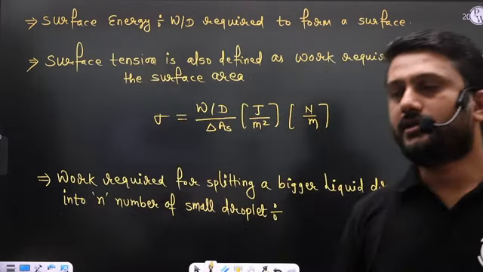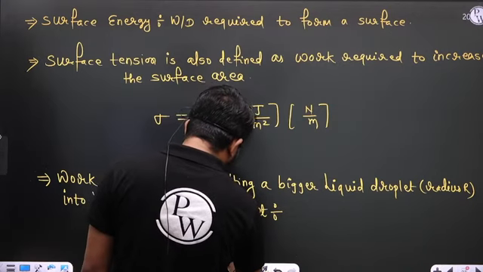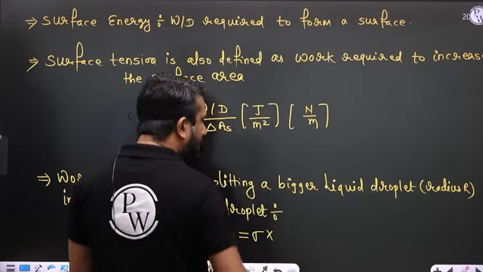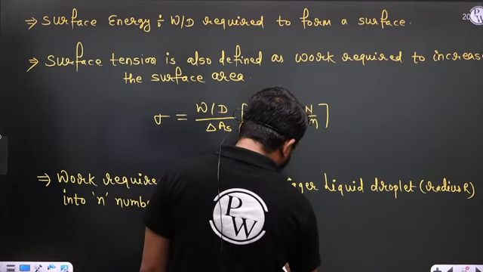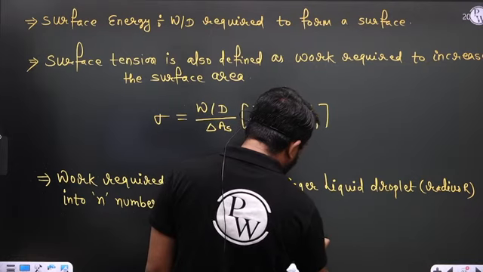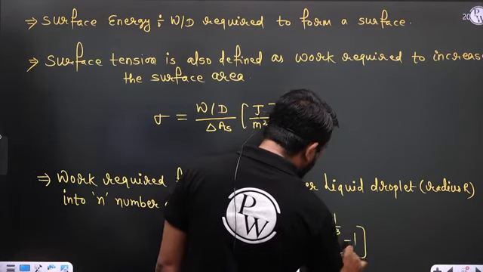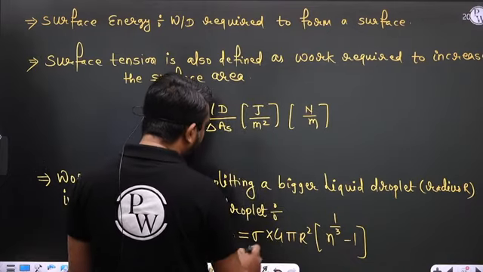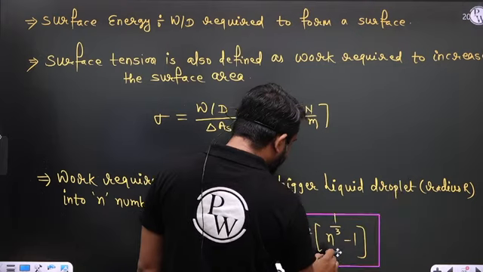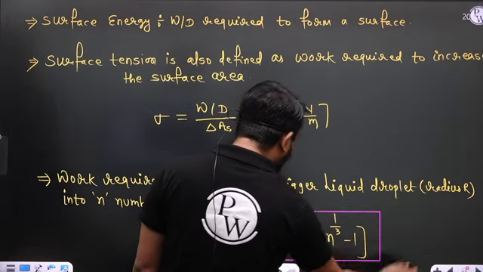So tell me what is the expression that you are getting? Work done is equal to sigma multiplied by the surface area of the bigger droplet. So we can write 4 pi r square into n to the power 1 by 3 minus 1. We are getting this expression, remember.